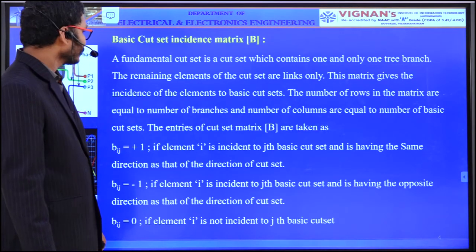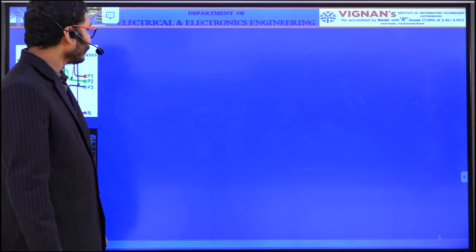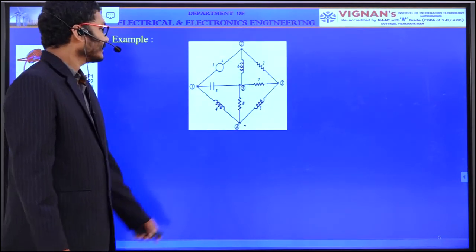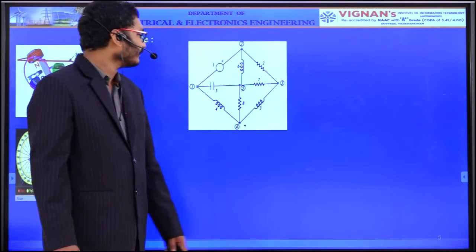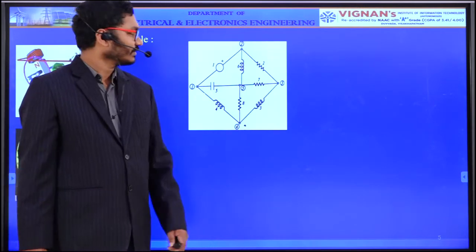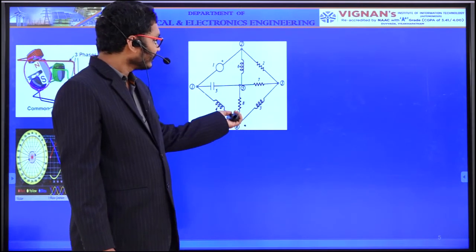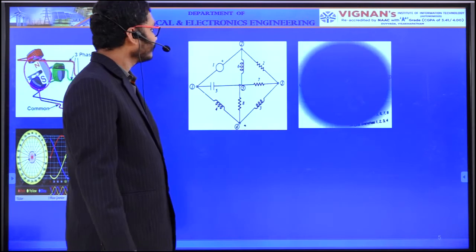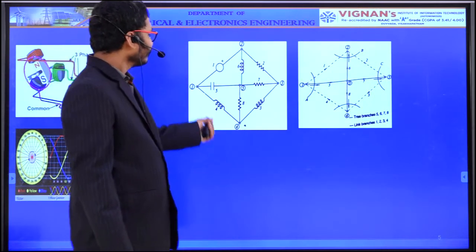Now see one example, then you will understand. This is the electrical circuit, and we are converting this electrical circuit into a graph.